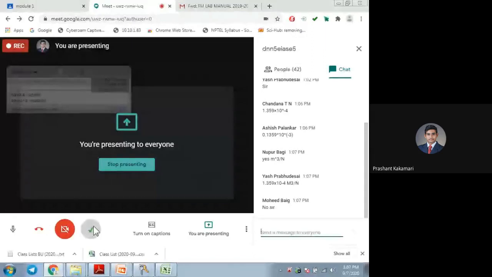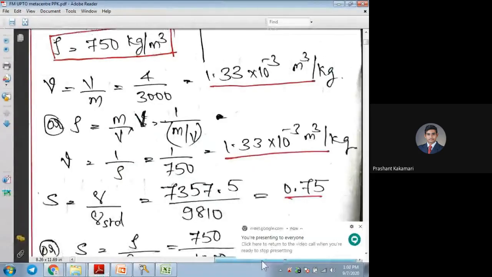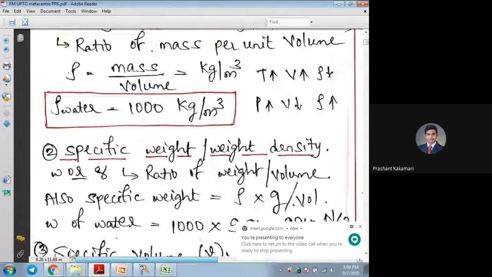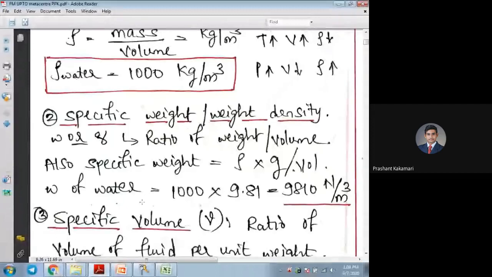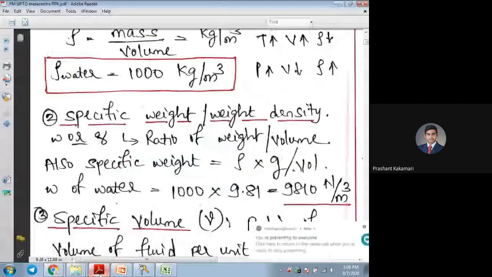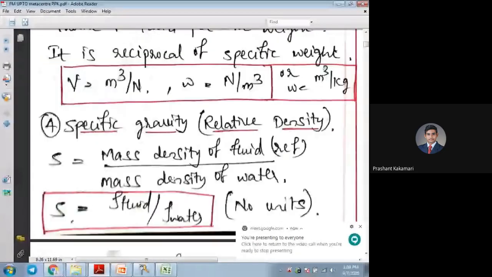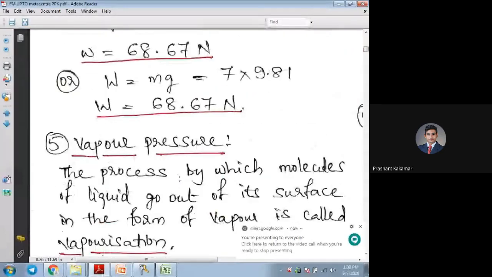Okay, coming to the next part. Yeah, moving to the next definition, or next property of the fluid, which is vapor pressure.